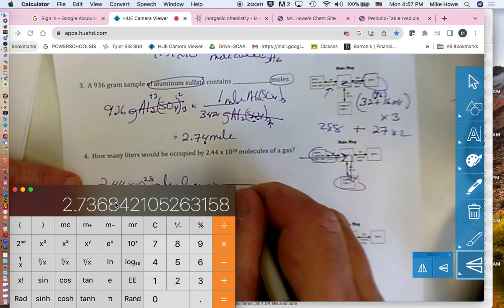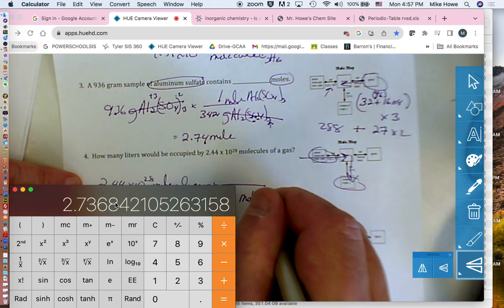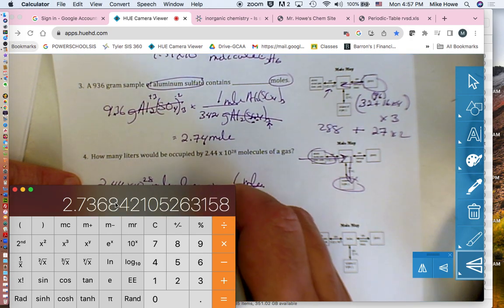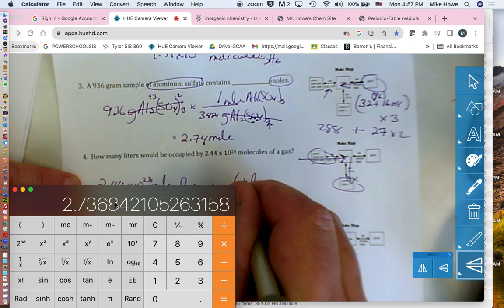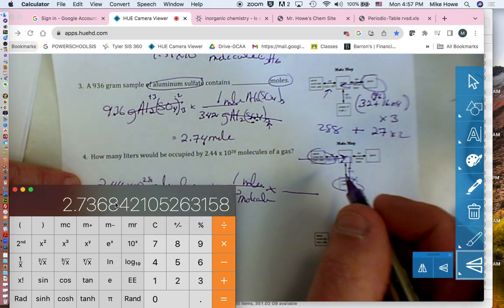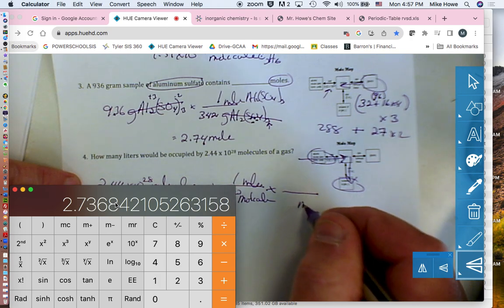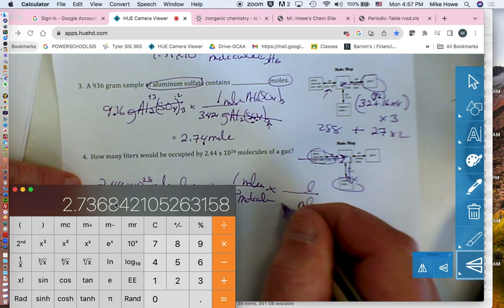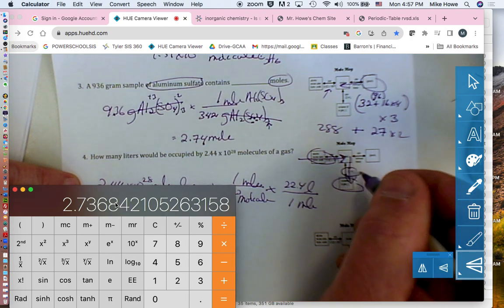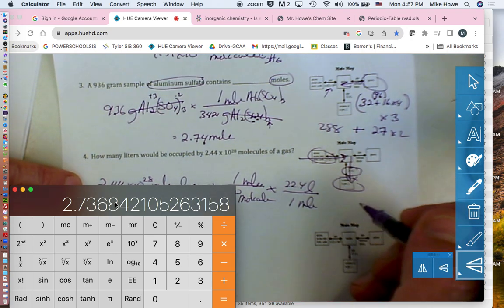So go to moles first. Molecules here. Moles here. 1 mole, 6.02 times 10 to the 23rd molecules. That's this number right here. Another step, step 2. Got to go to liters. Moles on the bottom. Liters on the top. 1 goes in moles. For gases, 1 mole is always 22.4 liters.